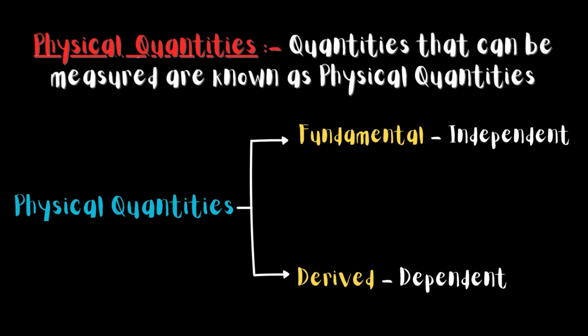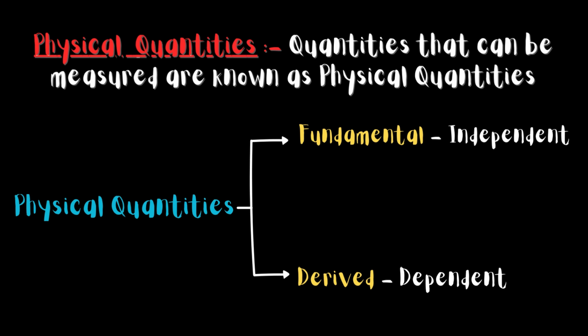Examples of these fundamental quantities can be mass, length, time, amount of substance, etc. Derived quantities are also known as dependent quantities, because these derived quantities are dependent upon the basic or fundamental quantities. Examples of derived quantities can be velocity, acceleration, kinetic energy, work, force, etc.